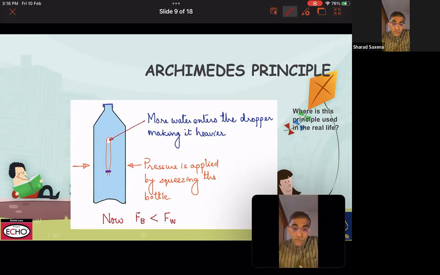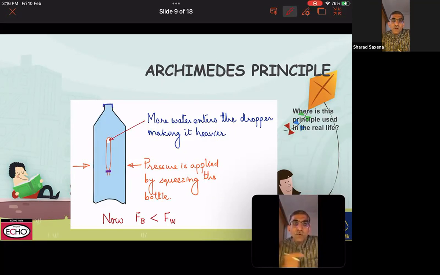So again, coming back to the topic. When I press it, I cannot compress the fluid. So what does the pressure do? The pressure of my hand pressing the bottle compresses the only air pocket which is available inside the dropper. So more fluid enters the dropper and it compresses the air.